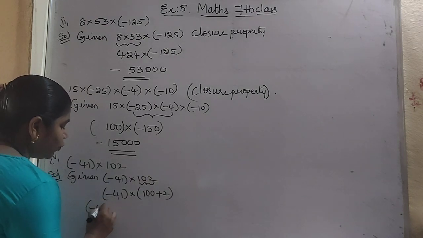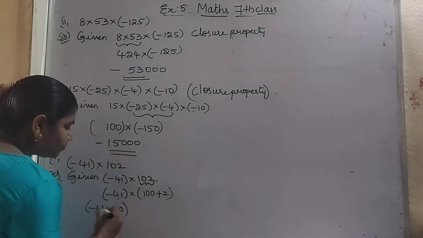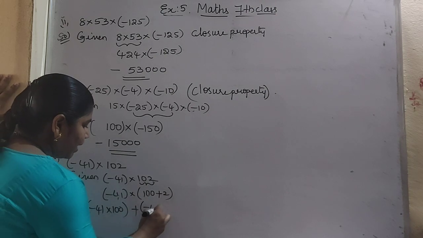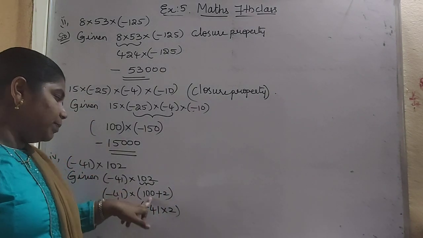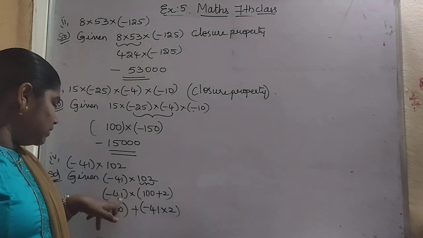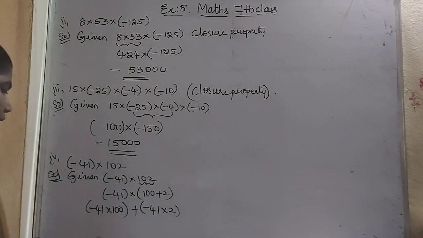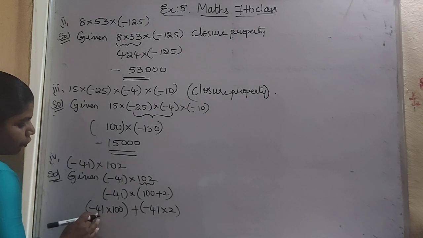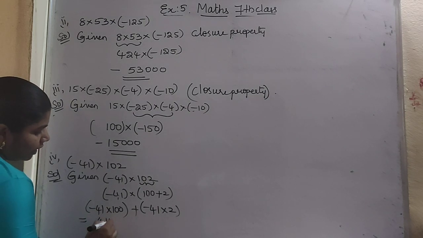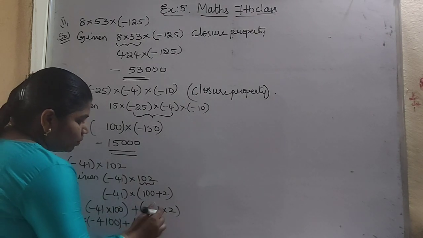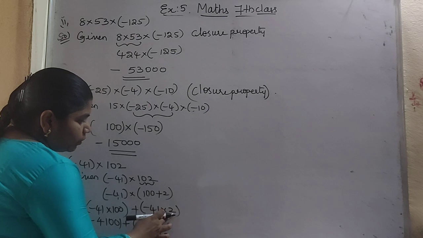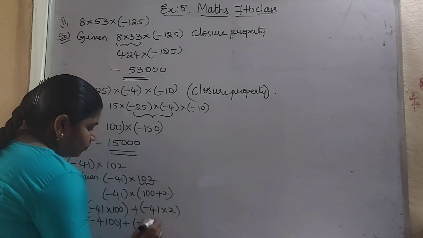That is minus 41 into 100 plus minus 41 into 2. This 41 I have multiplied with 100 plus 41 into 2. Now we can multiply the terms. 41 into 100 will be 4100. Minus into plus will be minus. Plus here, minus into plus will be minus. 41 2s is 82.